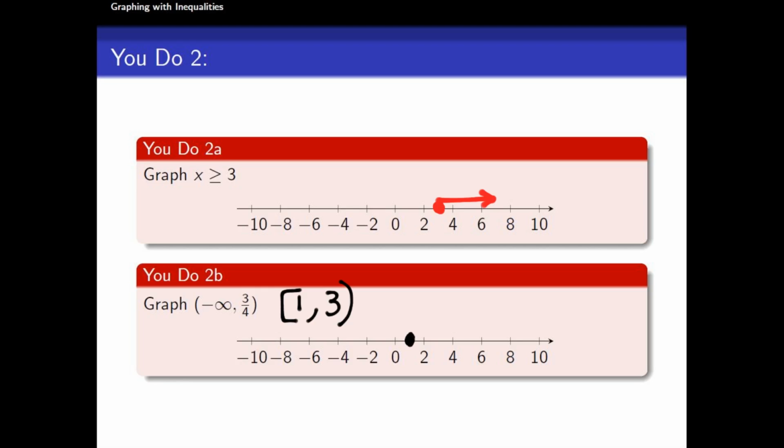And then I would look for 3, and it's a parenthesis, so that's a hollow dot. And then I want all of the ones in between as well. So I'm going to draw a line in between them, connecting them together. Some people do it above, some people do along the middle right there. Either way is fine. Okay, and that's how I would do that one.